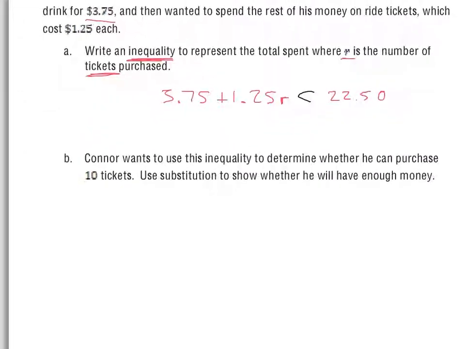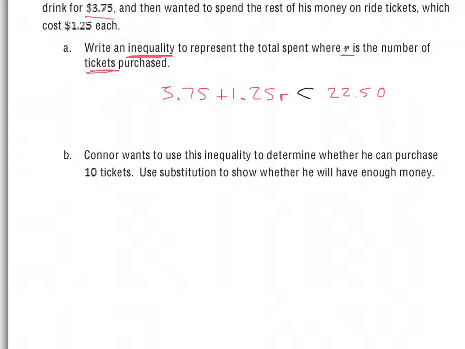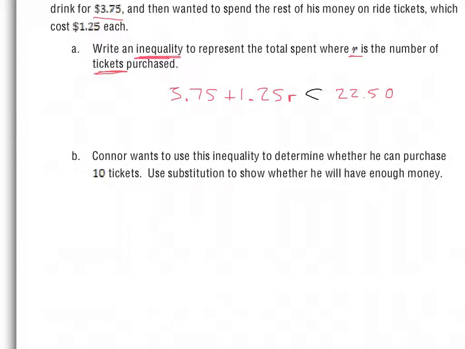So coming down to the next one, it's asking us to use this inequality to determine if you can purchase 10 tickets. So tickets is our R. So we're being told that R is equal to 10. We're going to see if that makes the inequality true. So all we're doing here is you're being asked to plug in R is equal to 10 and find out what the value is.